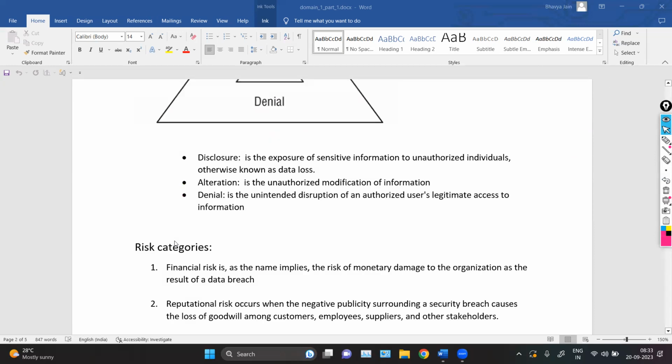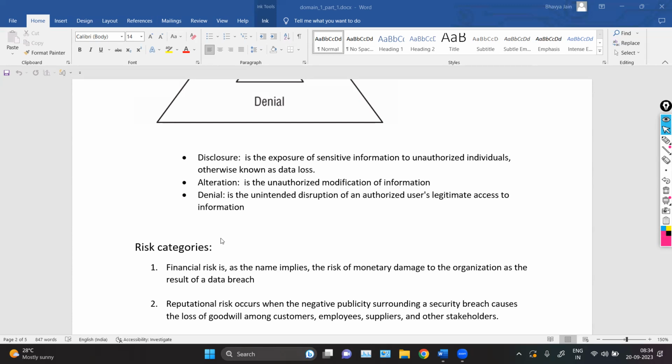That is now the DAD triad, which is disclosure, denial, and alteration. Now we have one more concept here, which is security incidents or data breach. Security incidents occur when an organization experiences a breach of the confidentiality, integrity, or availability of information or information systems.